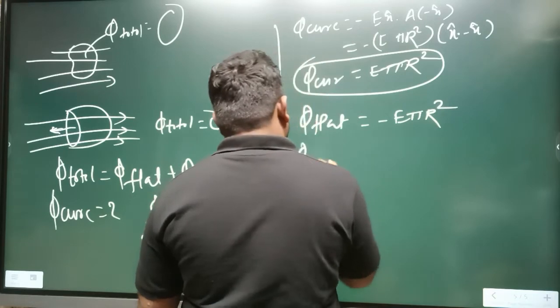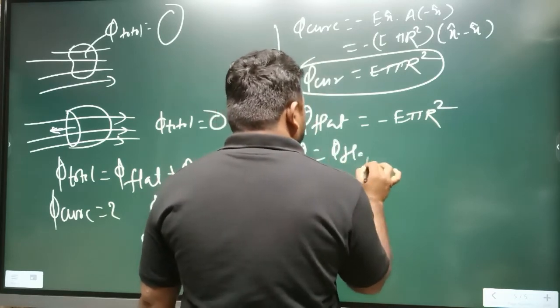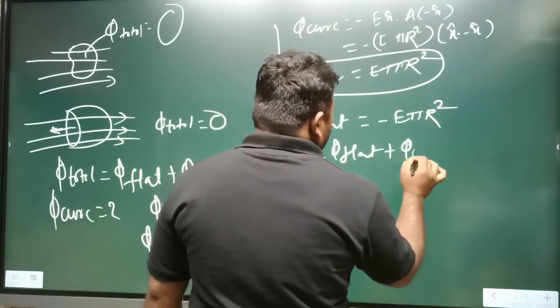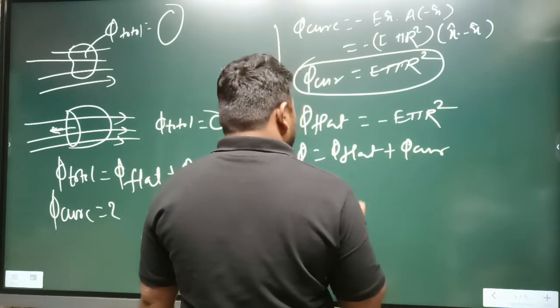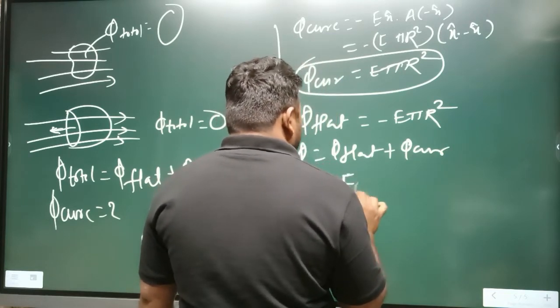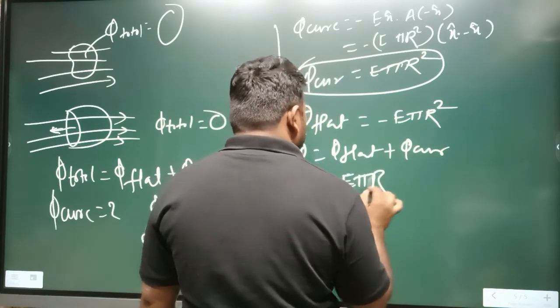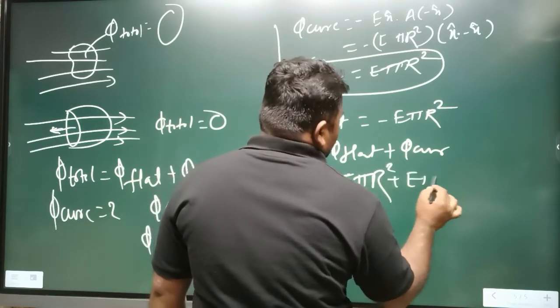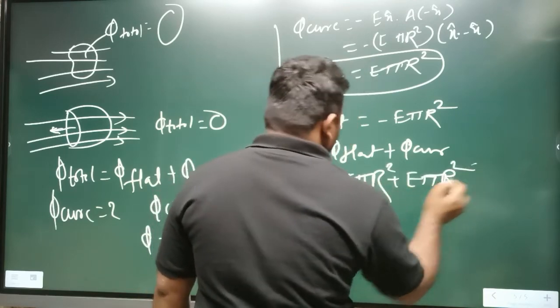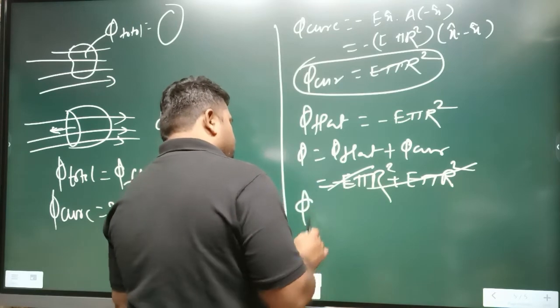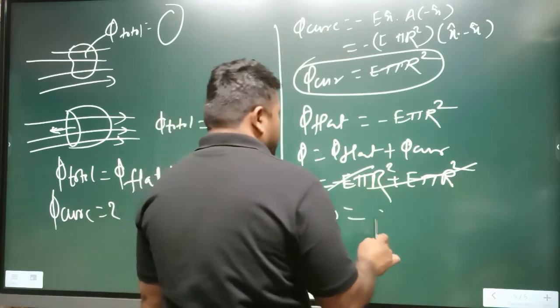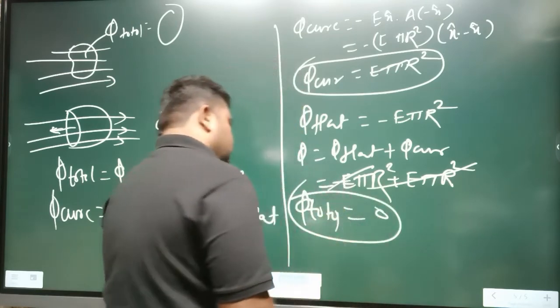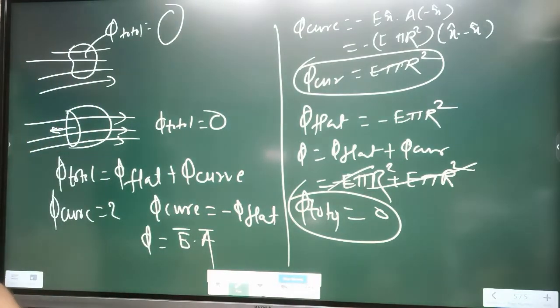Hence total phi is equal to phi flat plus phi curve, which is minus E pi R square plus E pi R square. Minus and plus cancel. Then phi total is 0 for this case. Got it? They may ask phi flat, phi curve, or phi total.